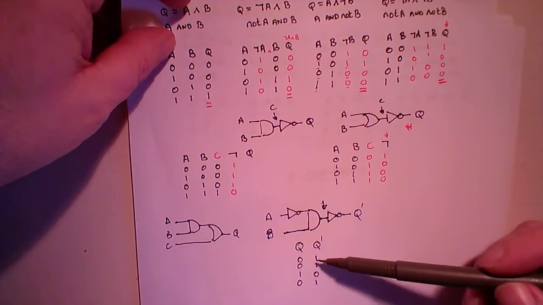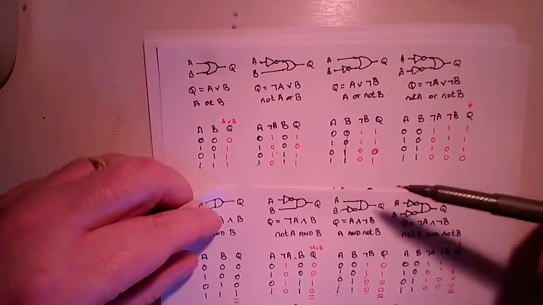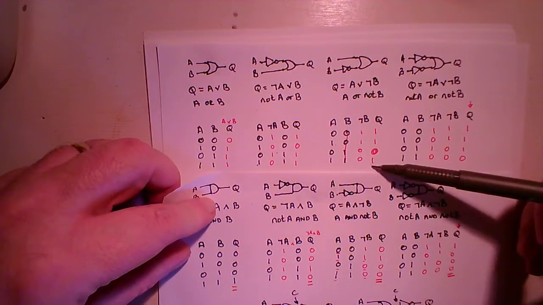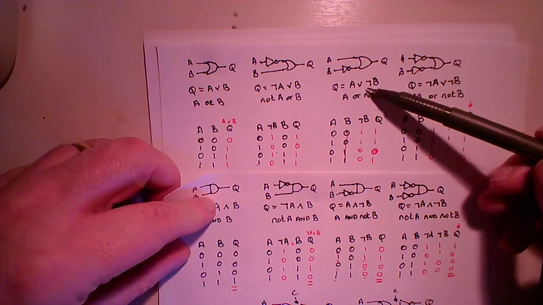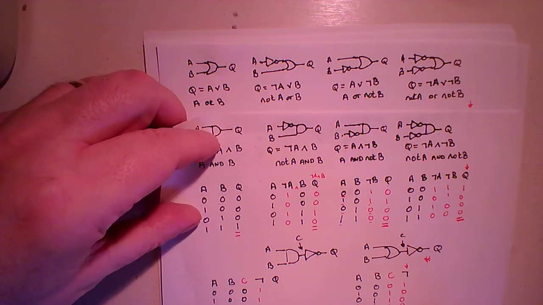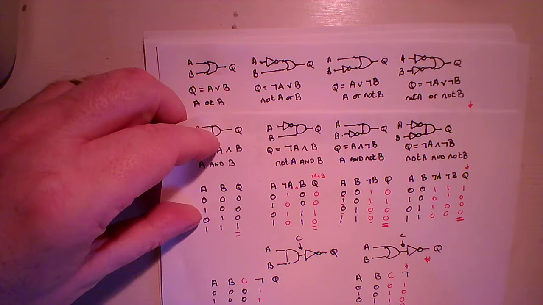So let's take a look. 1101. That is the same as this one. So I could write that down. That is the same as doing, which one are we, A or NOT B?